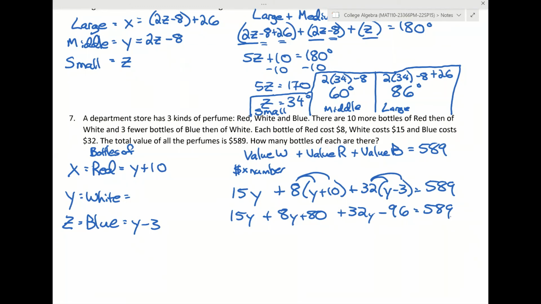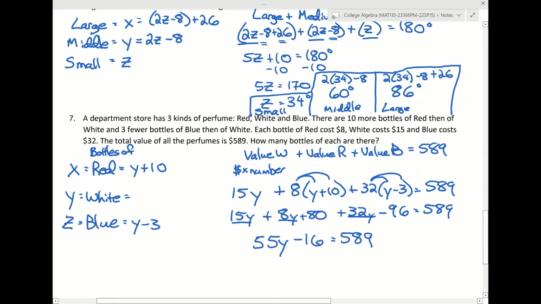So 15 plus 8 plus 32 gives us 55Y. 80 minus 96 is negative 16. If we add 16 on both sides, 55Y is 589, plus 16 is 605.